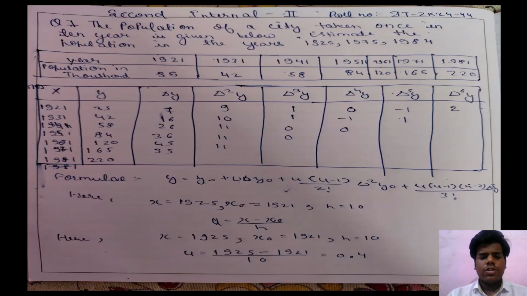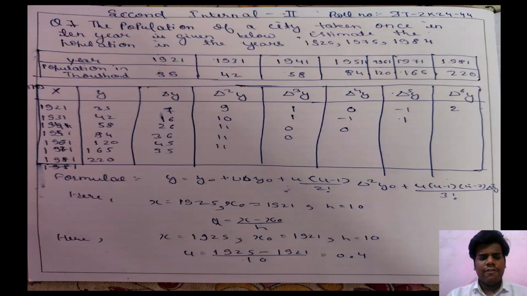Formula: y is equal to y naught plus u delta y naught plus u into u minus 1 upon 2 factorial into delta square y naught plus u into u minus 1 into u minus 2 into delta cube y upon 3 factorial. That was the formula for Newton difference method.